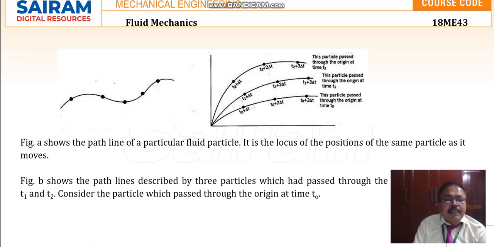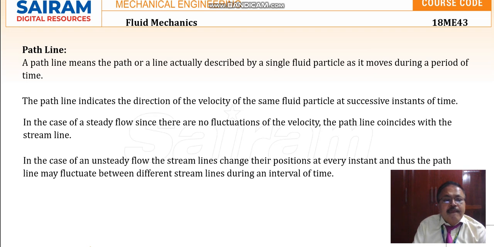Here the same fluid particle has a path like this in this particular time interval, in another time interval this is the path, and in the third interval of time this is the path. So the path line is the path traced by the movement of a single fluid particle.